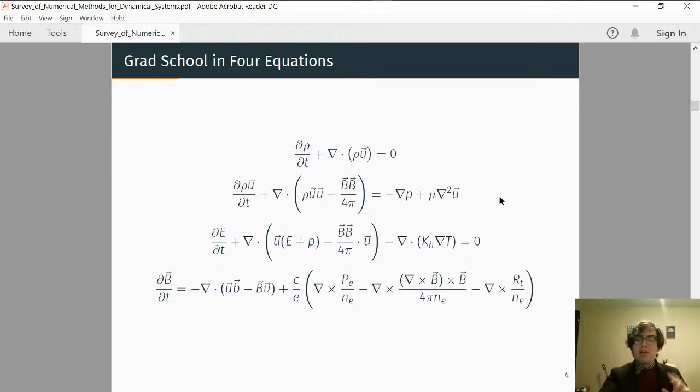And these are the equations that govern the dynamics of plasmas operating in high density and high temperature environments. All right, you've got density here, you've got the velocity field, you've got the magnetic field, you've got the internal energy, you've got the temperature. And so this says, when we have this sort of plasma thingy rolling about, what happens to the temperature distribution, what happens to the magnetic field distribution, and so on.